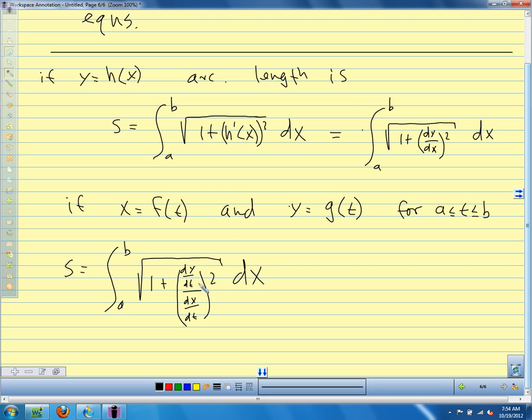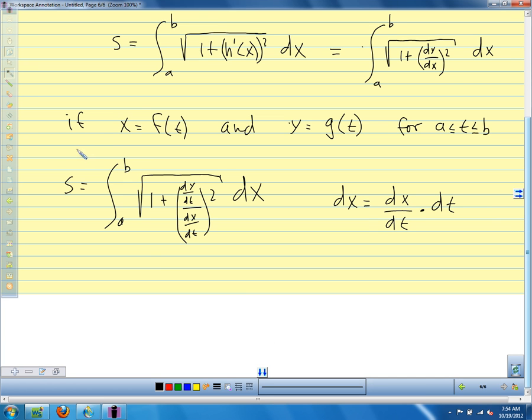That was our expression for dy dx when we have parametric equations. But we want to write this all in terms of t. So I'm going to say that dx is dx dt times dt. And we'll rewrite this all in terms of t. That's the whole point of what we're doing here, to rewrite this expression in terms of t.